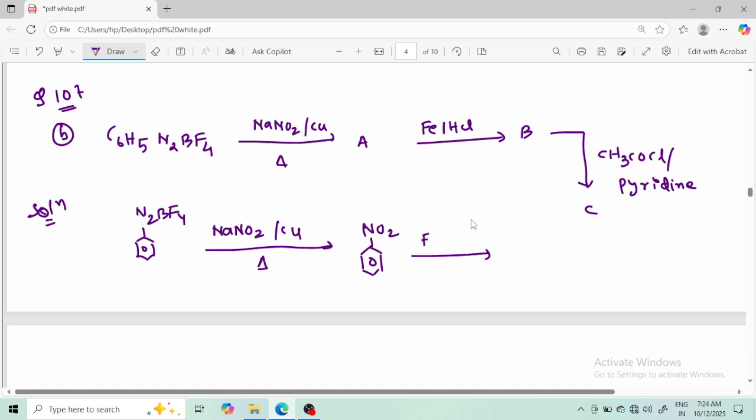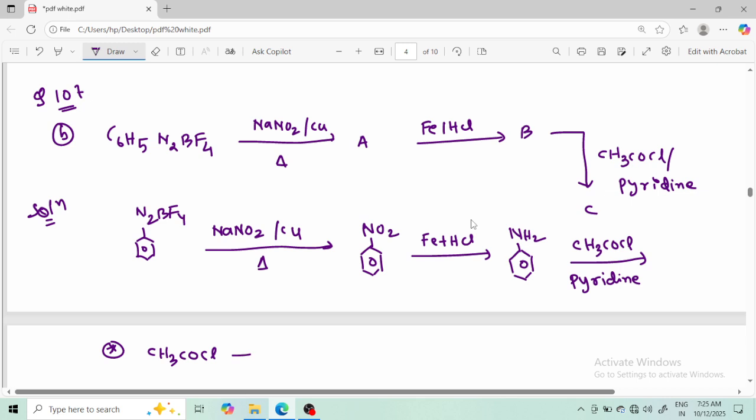Then if it reacts with Fe plus HCl, just now we did that, the first preparation reaction. Yeah, they use the same thing. So here it will change to NH2 and this one, right? And then this one is CH3COCl in the presence of pyridine. Now what will happen? Whenever we use CH3COCl, the part that will be bonded to this reactant is C double bond O CH3, yes or no?